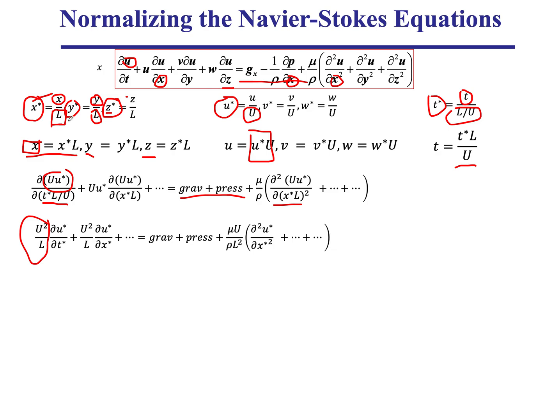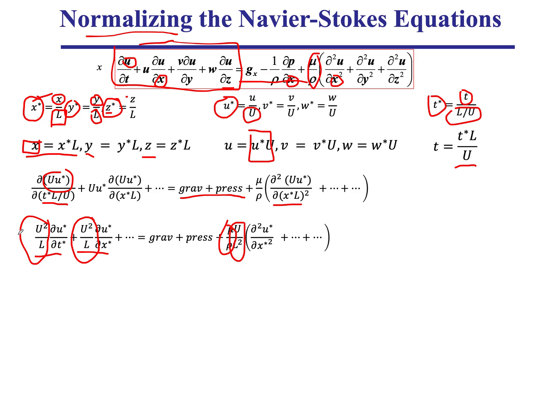So we end up with the acceleration term, whether it's the convective acceleration or the local acceleration, both of them are going to give me a U squared over L as the factor that comes out from this normalization, which is the process of infusing the scales into the Navier Stokes equation. And then on the right-hand side, I have viscosity over density from the equation. That's over here. And I also get a U over L squared.